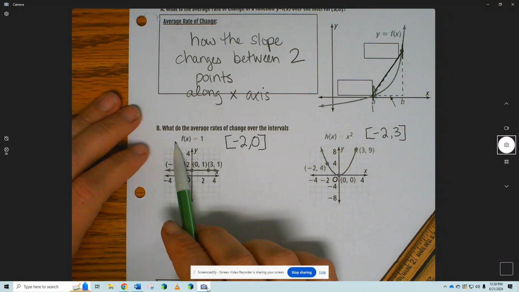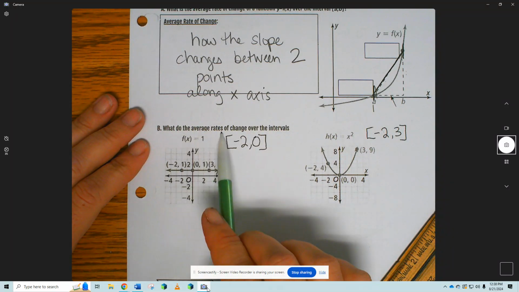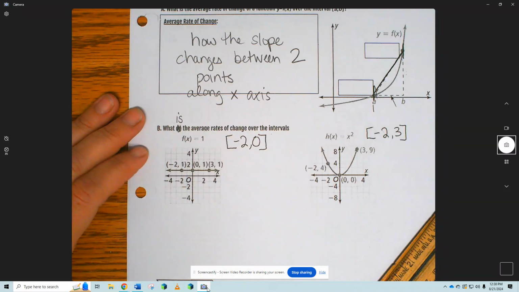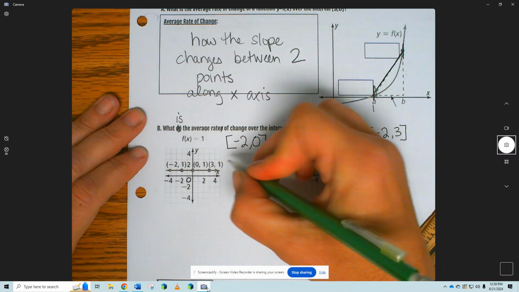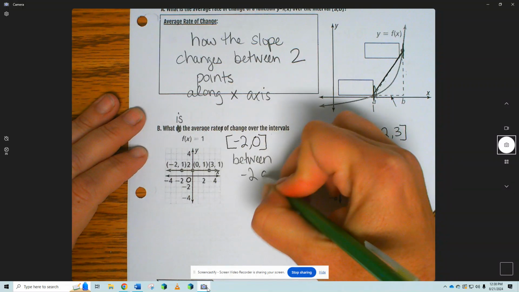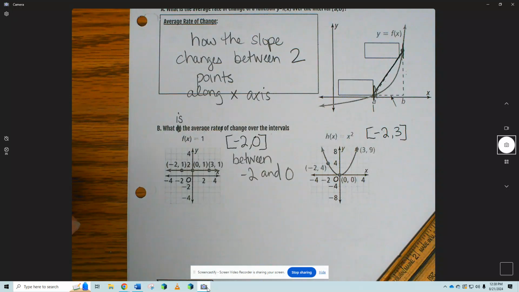Here we go. What is the average rate of change over the intervals? That means between -2 and 0, how did the line change? And this is actually pretty ridiculous because there's no change. So look at that.